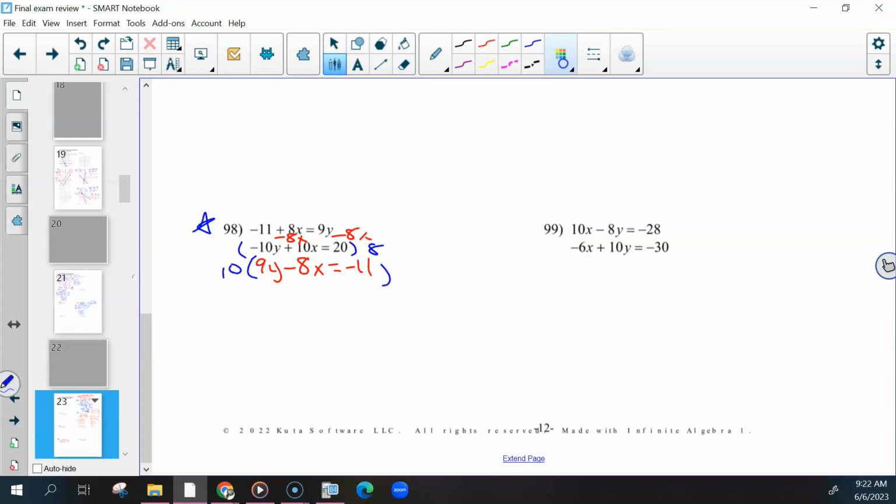But if you think of something smaller, you can always go with that, some number that they both go into. Negative 80y plus 80x equals 60. And then 90y minus 80x equals negative 100.